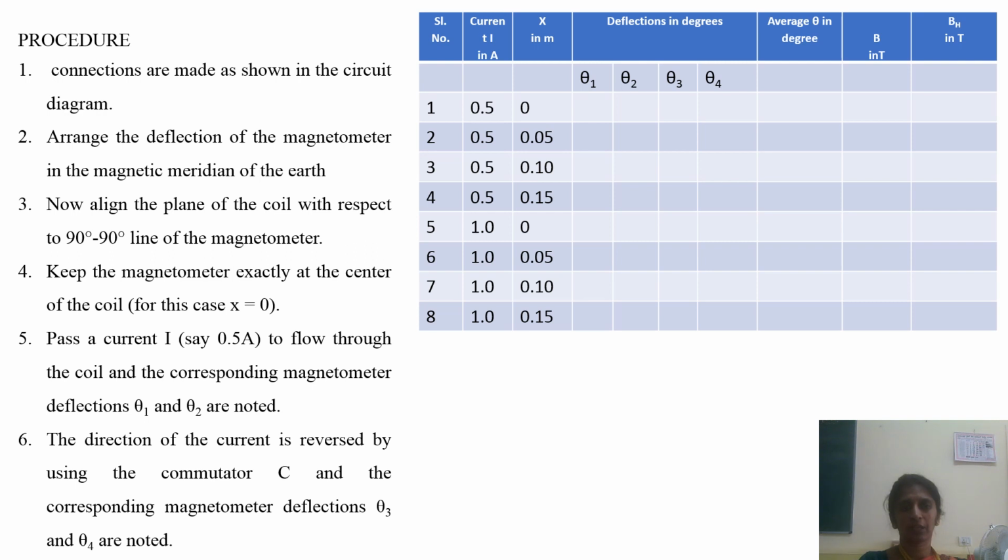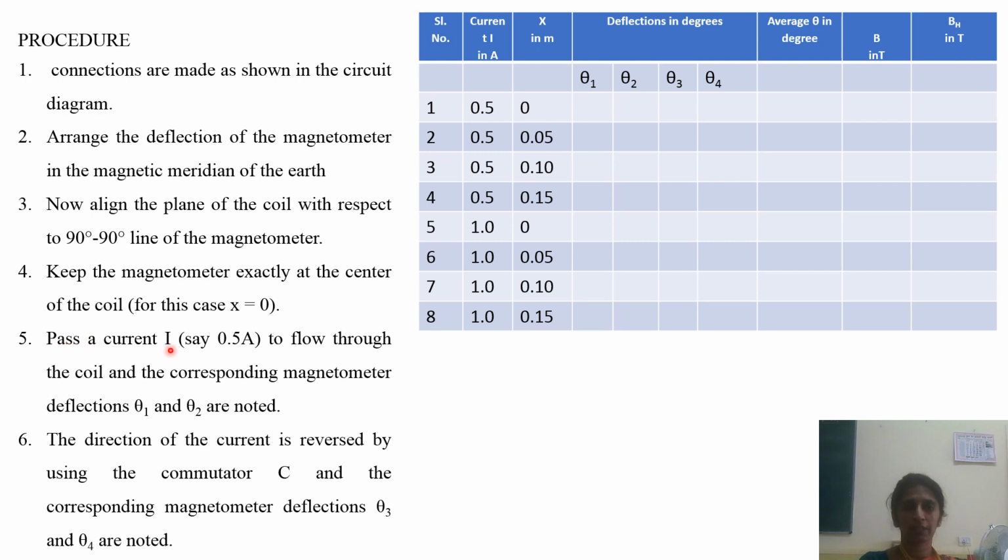We have also aligned the plane of the coil with respect to the 90-90 line of the magnetometer. Keep the magnetometer exactly at the center, x is equal to 0. So you keep the compass, that is the magnetometer, at x is equal to 0.